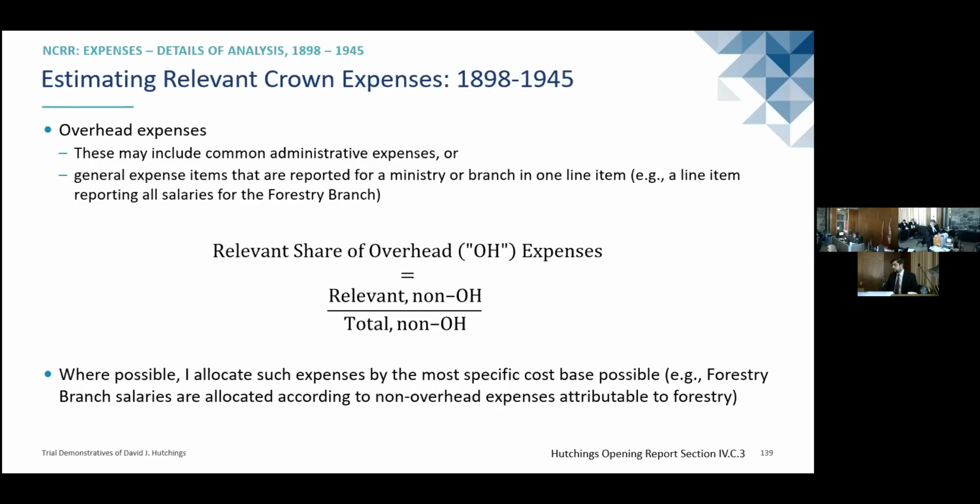Can you do that again? Sure. The relevant amount in this equation is 1 million, because it's from forestry. And the total is 1,500,000, which is that relevant amount plus the not relevant amount, the 500,000 that went to parks.